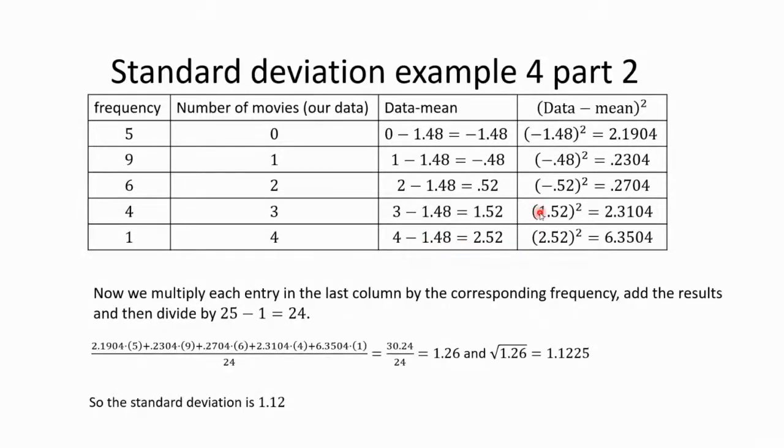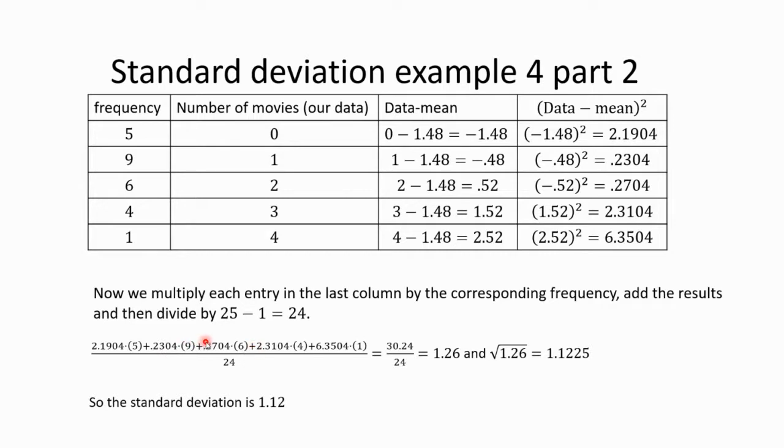Now we want to add up the results, right? But remember, we multiply by the frequency. It's just like with the mean, right? Instead of listing each data value according to its frequency, we just multiply. Same thing here. So we add up the results, but we multiply by the frequency. Okay, that's what I'm doing.